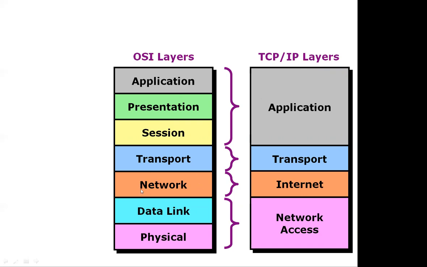Network layer is renamed as internet layer, and data link layer and physical layer are merged into network access. So nowadays we are not using the OSI model, we are using TCP/IP. The work of application, presentation, and session is done by the application layer only in the TCP/IP model. This is the OSI model, because if you know the OSI model, then you can easily understand the TCP/IP model.